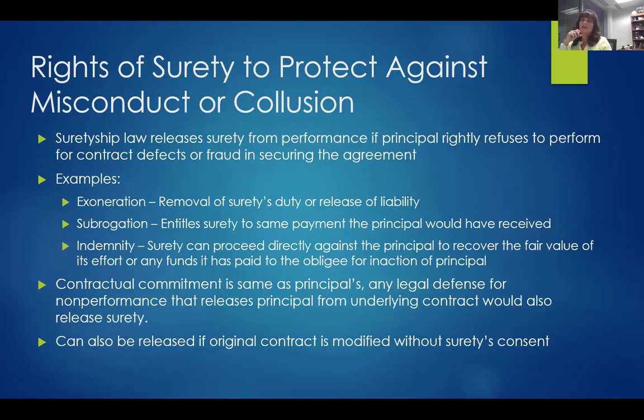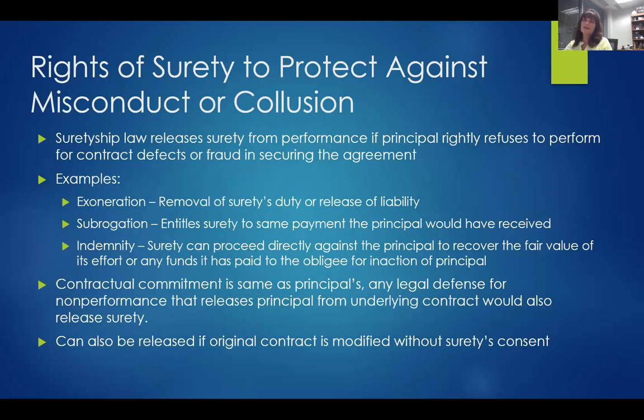So again, if the hiring party lied about something, they could get whatever payment would have been received by the principal. And finally, the surety could proceed against the principal themselves to recover the fair value of its efforts or any funds that they had to pay the obligee for inaction. So essentially, they have a lot of rights to go after. If they've been misled, they can be released from liability if not given all the information, and they can also have the rights to recover against the individuals who have actually caused the damage.